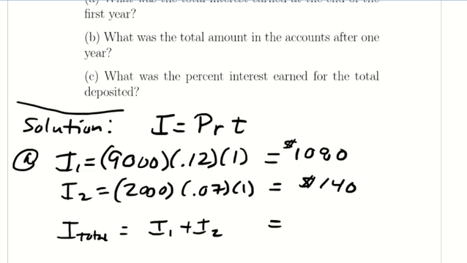But anyway, 9,000 plus 2,000 is 11,000 plus 1,220 becomes, here's my 13,220. Not a bad haul for 1 year of just not spending some money that you invested.